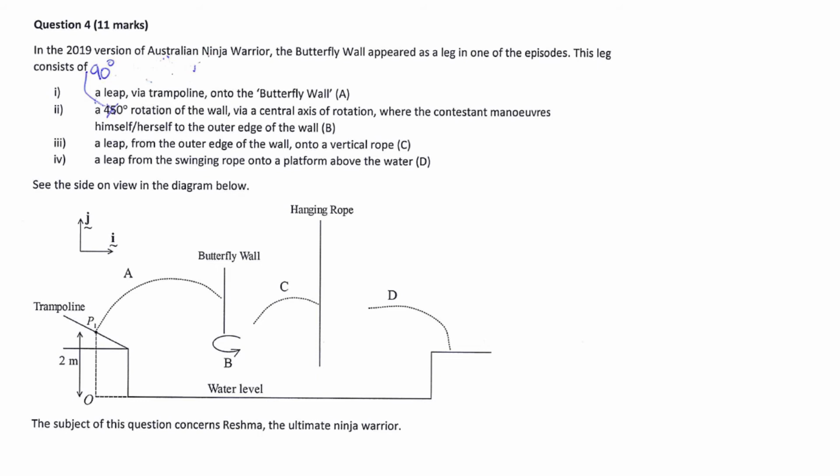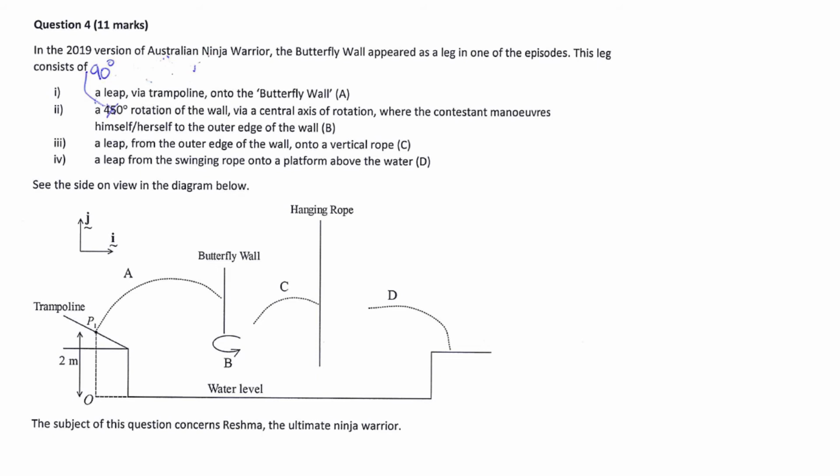Okay, in the 2019 version of Australian Ninja Warrior, the butterfly wall appeared as a leg in one of the episodes. This leg consists of a leap by a trampoline onto the butterfly wall. So glance down at the diagram, trampoline, okay.